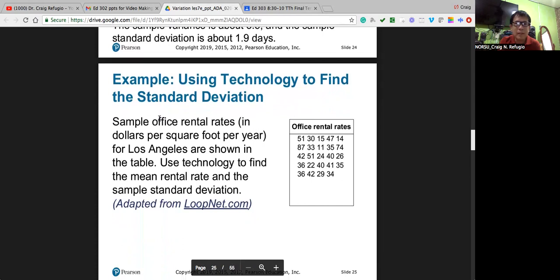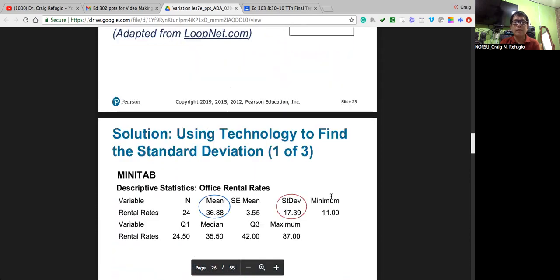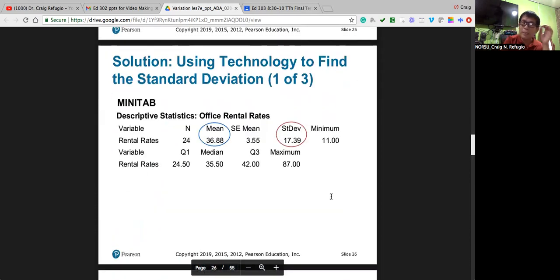So in here, we have a sample of rental rates, in dollars per square foot per year, for Los Angeles, as shown in the table. Use technology to find the mean rental rate and the sample standard deviation. These are the given data. If you're going to use technology, Minitab for example, then this is the output.